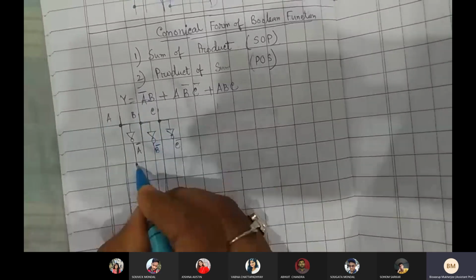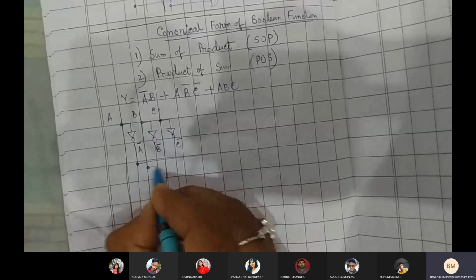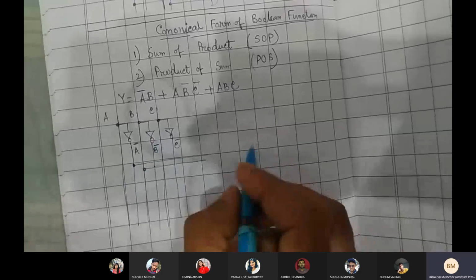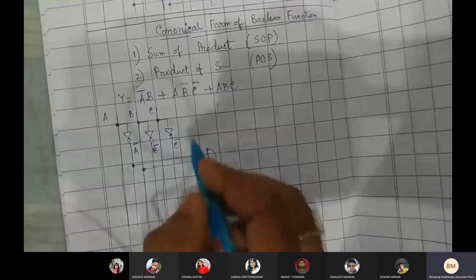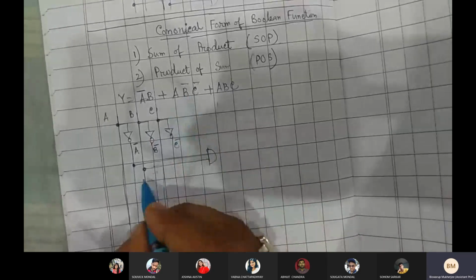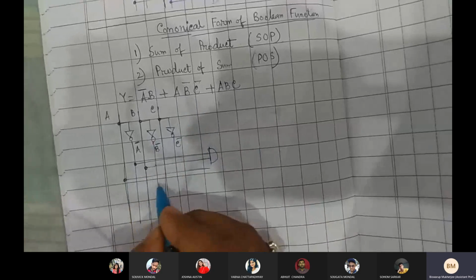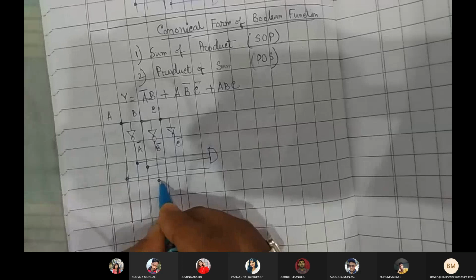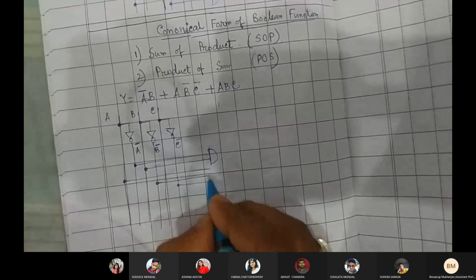So next is A bar B as it is, as we draw. So A bar B, we will draw that one. Fine. Put one AND gate. Okay, fine. Then A B bar C bar. We'll be drawing that one, A followed by B bar, and followed by C bar.